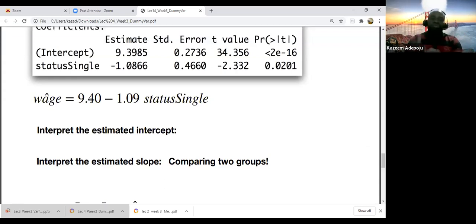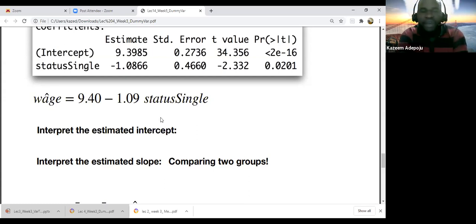It means we are putting married in the control group, and we're putting single in the experimental group. So when the status single equals 0, you are referring to the baseline, which is the intercept, which is the value of the married. And don't forget the married is categorized in the control group.